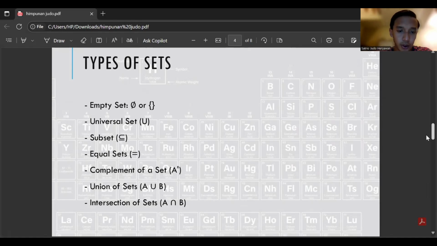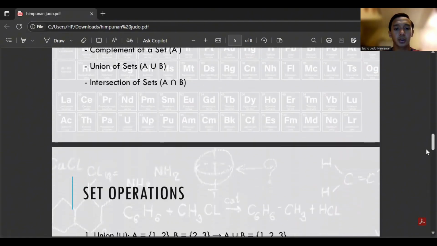Next, complement of a set A, this is the symbol. Union of sets A union B, this is the symbol. Intersection of sets A intersection B. Okay, next.